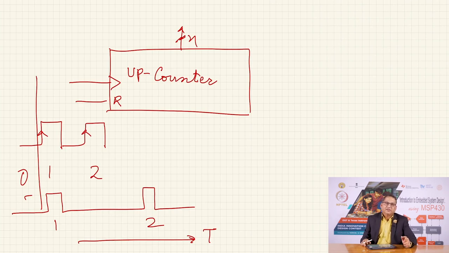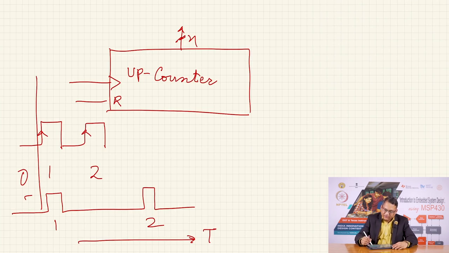If we do not know the frequency of the signal connected to the clock pin of the counter, then we cannot say how much time has elapsed. All we can say is how many events, how many clock signals, have come, and in such a case you are operating this building block as a counter.